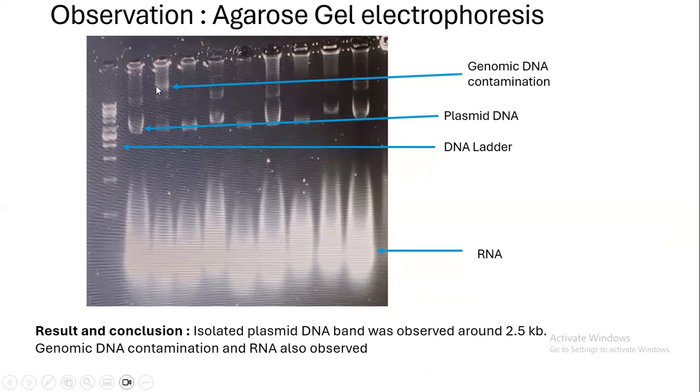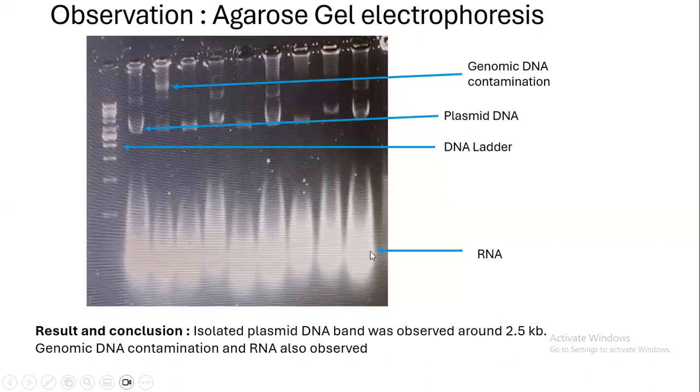We can also see some bands of genomic DNA contamination here. In some wells, we can see some trailing, which is because of the degradation of the genomic DNA, where you can see these bands at different positions. As a result, you can see a trailing kind of image.